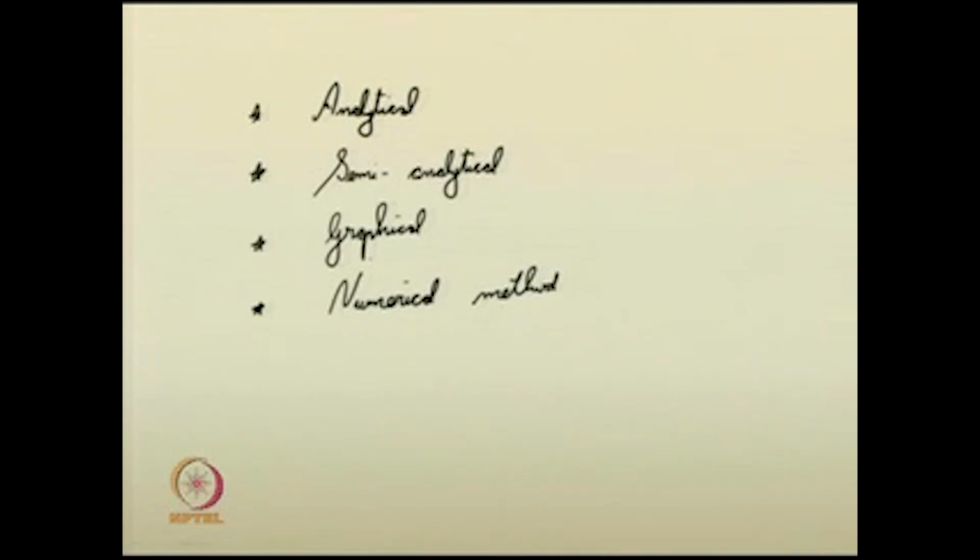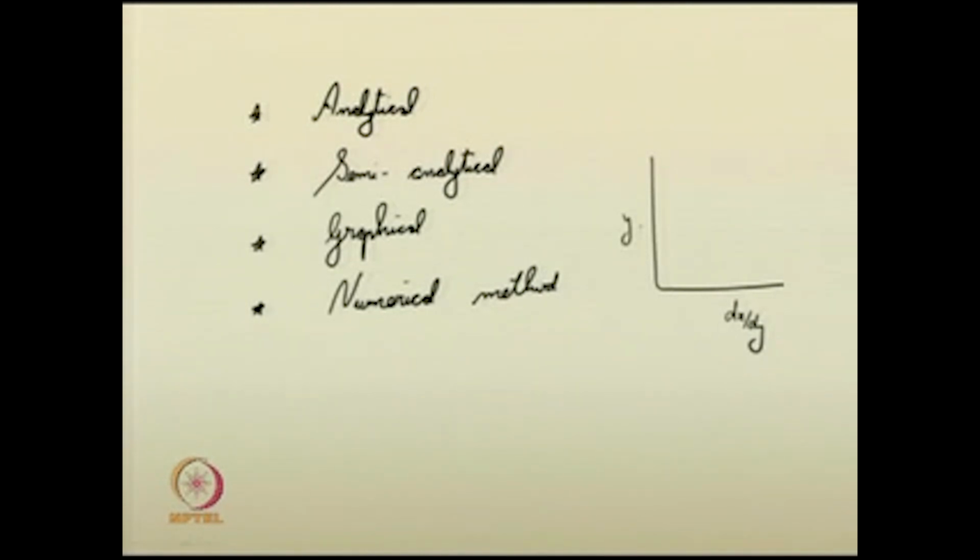In the graphical form, you are directly plotting the slope of the curve versus the depth, and from that you compute the area, say dx by dy, the inverse of the slope. One can just plot like that.